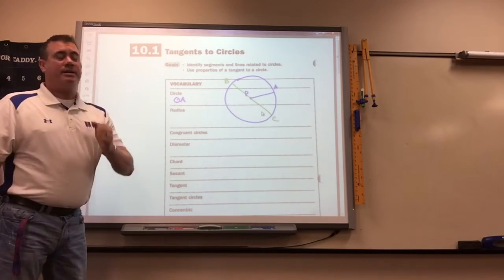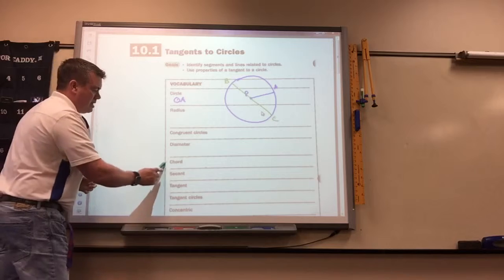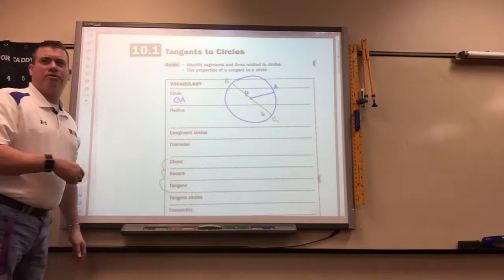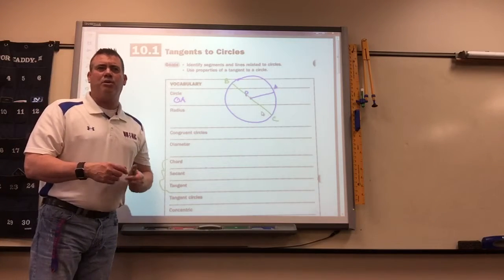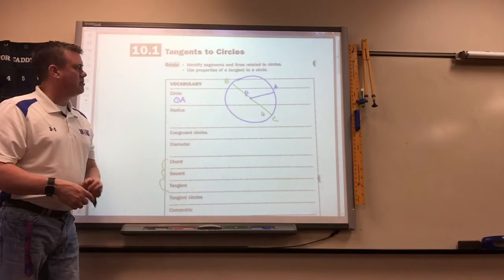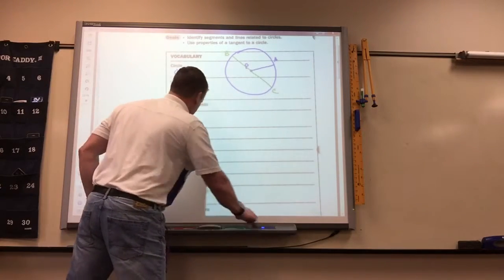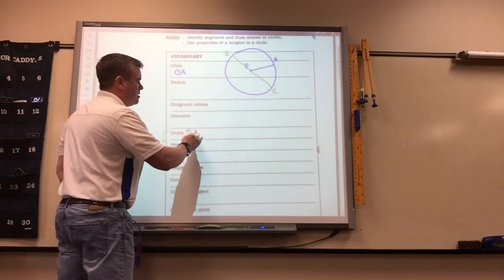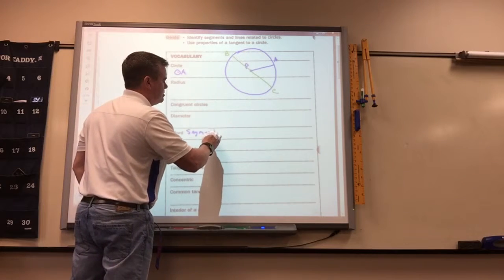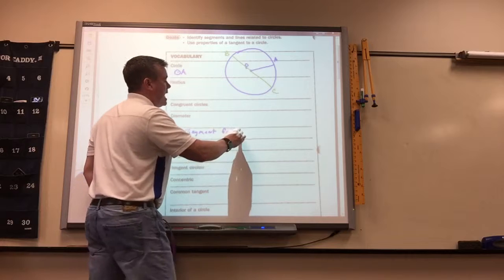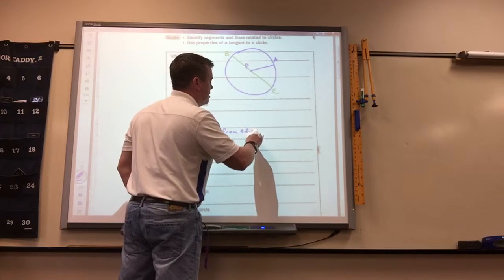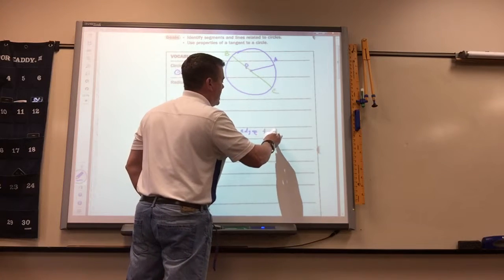A chord. Now here we're getting into something that you've probably never learned, what a chord is, but not a secant. A chord is a segment from edge to edge.